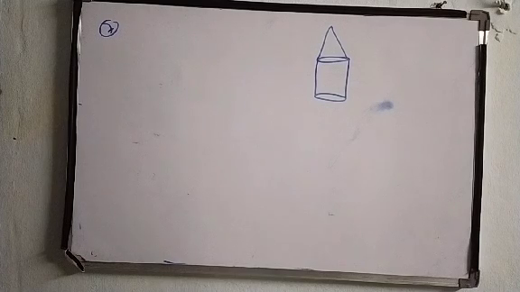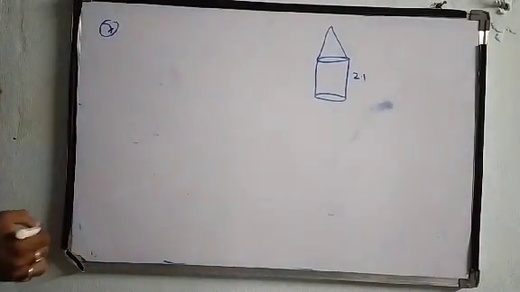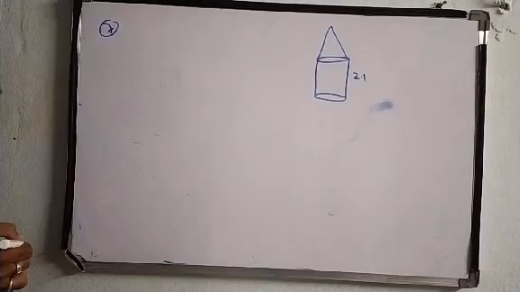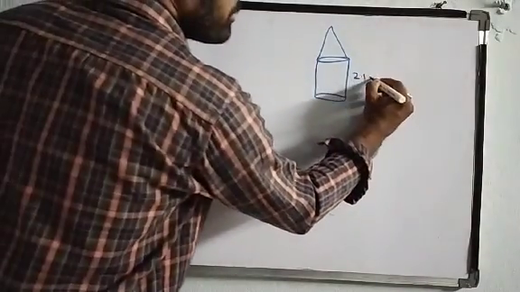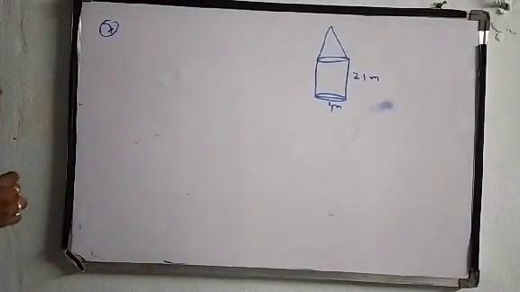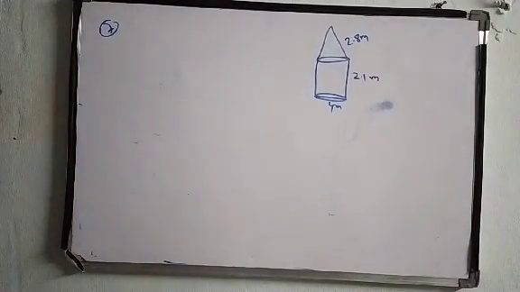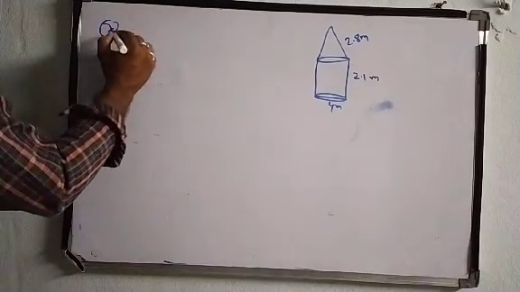The height and the diameter of the cylinder are 2.1 meters and 4 meters. The slant height of the top is 2.8 meters. Find the area of the canvas. So we need to find the area of the canvas.